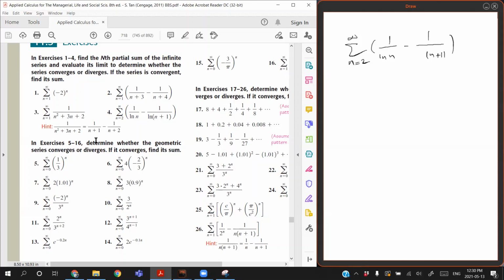And when you use the technique of partial fractions, you can write it as a over n plus 1 minus b over n plus 2, and a turns out to be 1, b turns out to be 1. So number 3 is very similar to the one that I just did. And number 4, because of the format, you can see that it's telescoping.